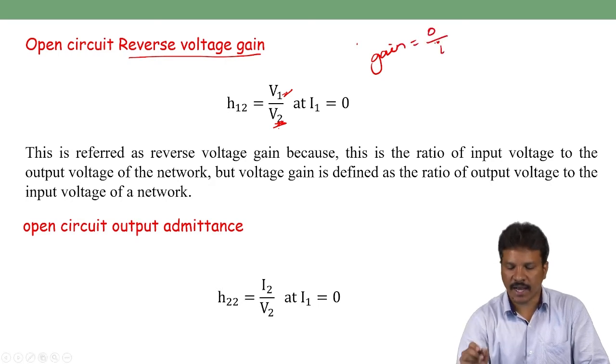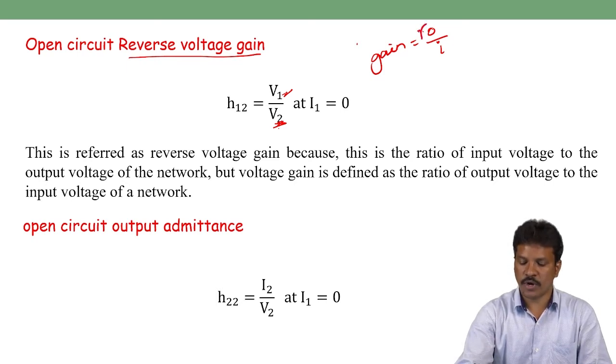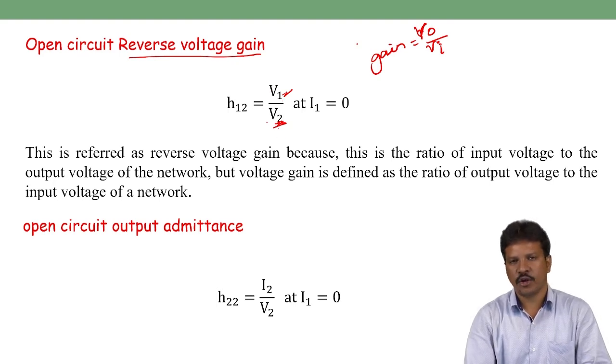For current gain, it is current output by current input. For voltage gain, it is output voltage by input voltage. But here it is reversed: the input voltage is in the numerator and the output voltage is in the denominator.